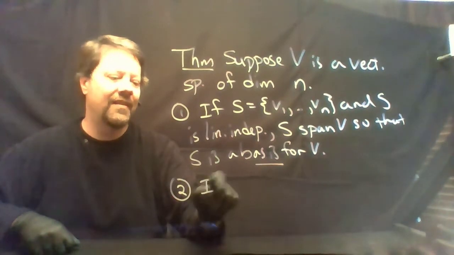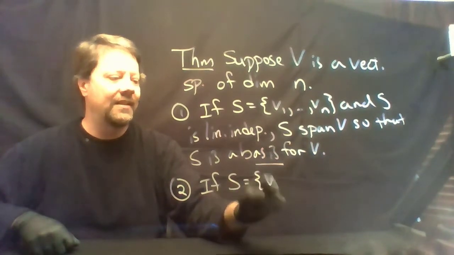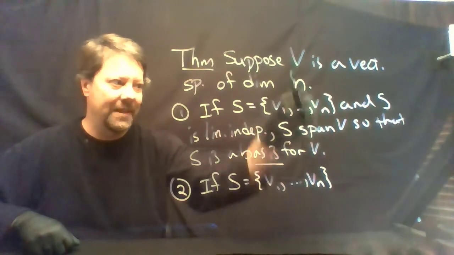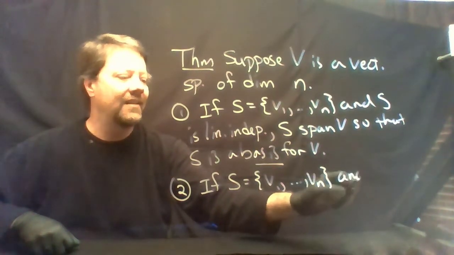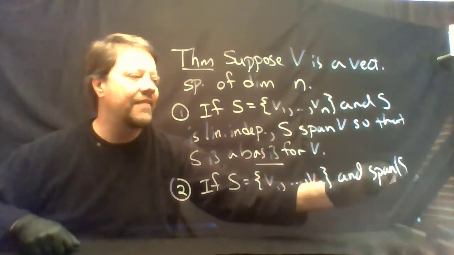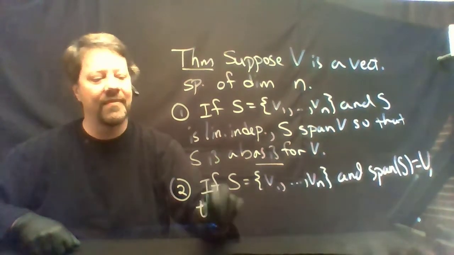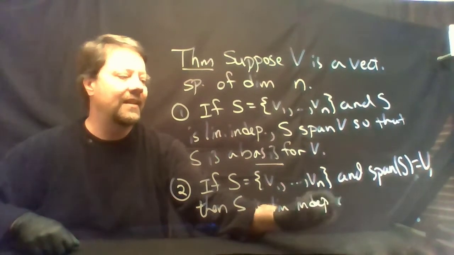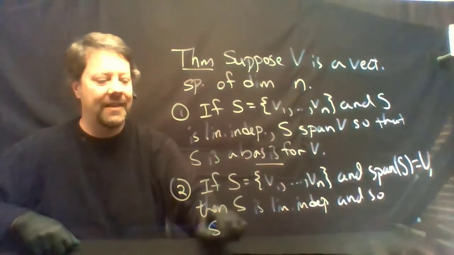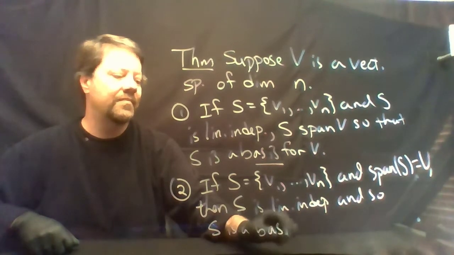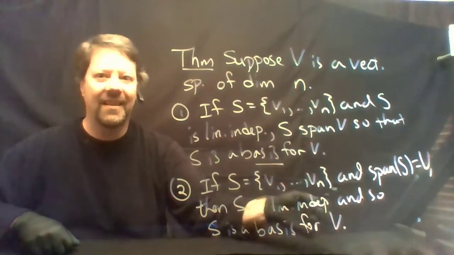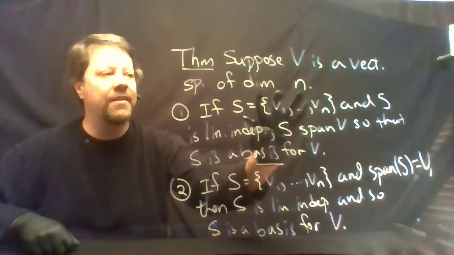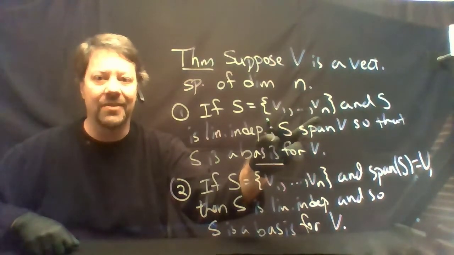Second, if S is a set having n vectors in an n-dimensional vector space V, and let's suppose that the span of S is all of V, then S is linearly independent, and so S is a basis for V. You can see that you only need one of the two conditions to hold if you already know the dimension of the vector space and you have that many vectors in a set.